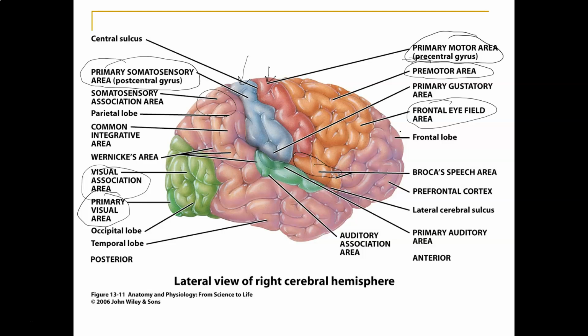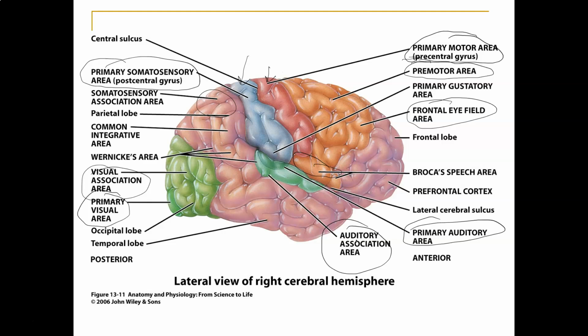The same with the auditory area. There's a primary auditory area where the nerve impulse from your ear needs to go. Damage to your right primary auditory area will affect hearing in your left ear. There's an association area near it where we have auditory memories.